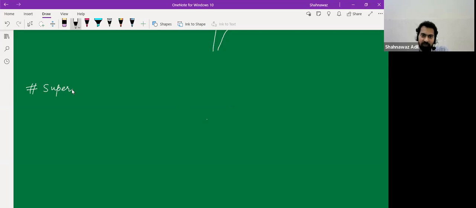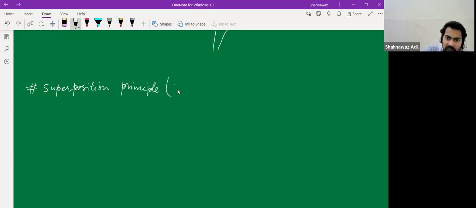Do you remember? Vector, yes, absolutely correct. So vector sum. Similarly, the electric field would behave the same way. So the superposition principle, and this is electric field.